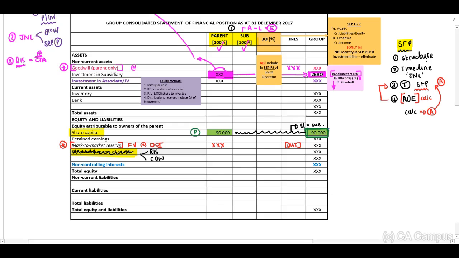You need to include the columns as per your statement of changes in equity. And then extremely important, that the totals that you include in your statement of changes in equity and in your statement of financial position, this section, guys, should equal your statement of changes in equity total of your columns.